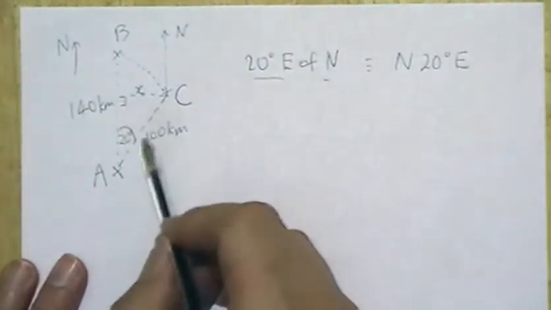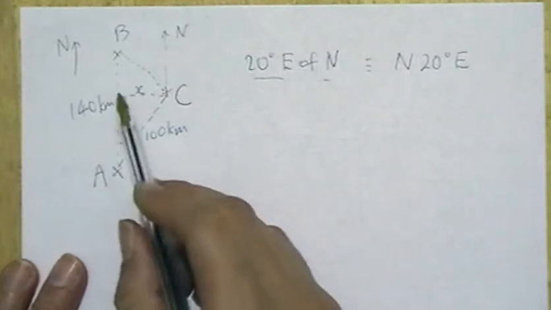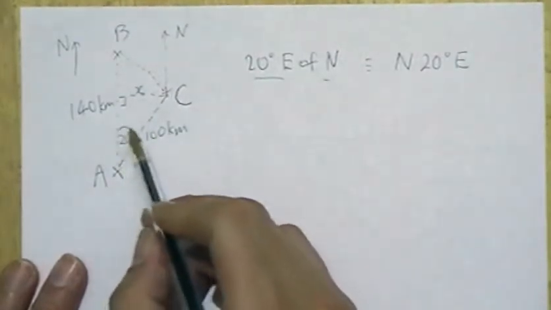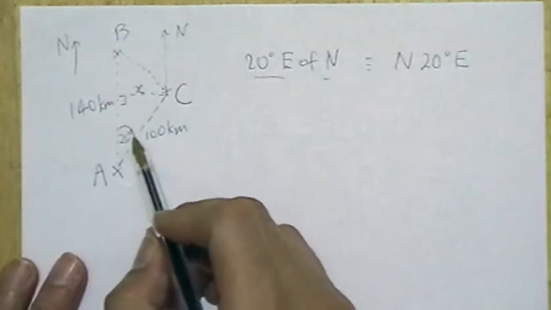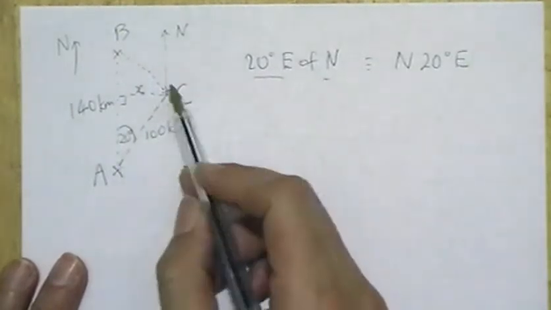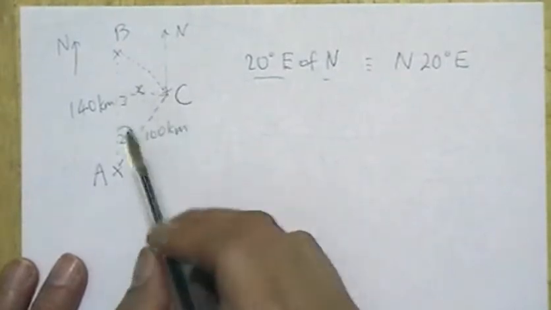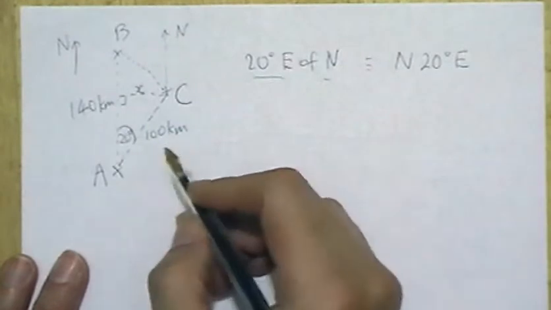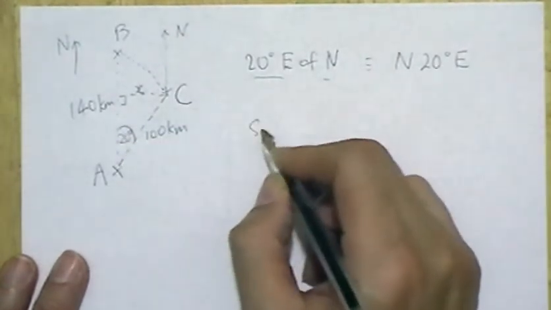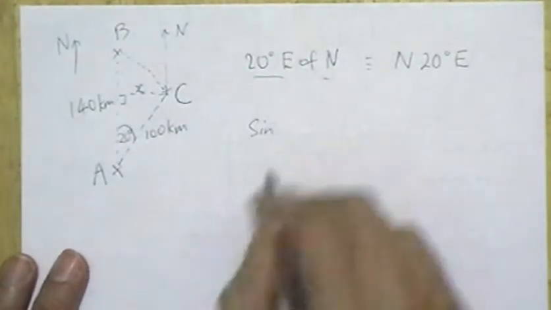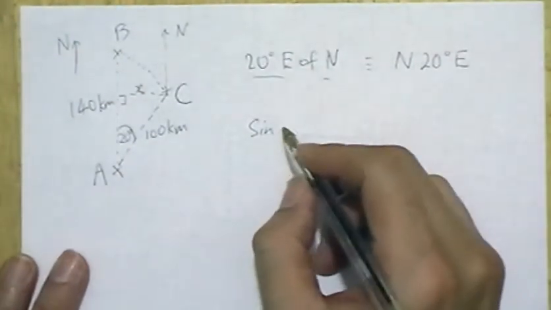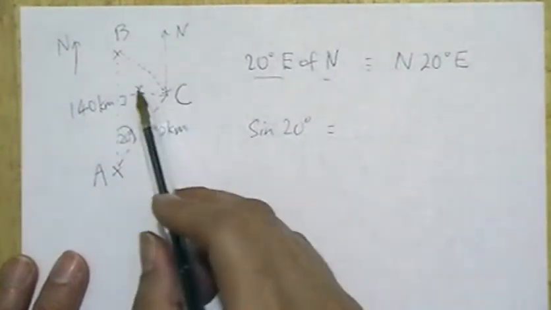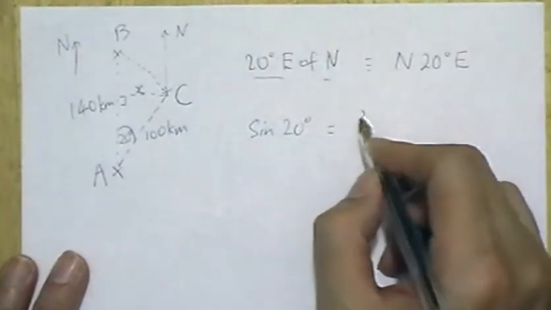We can look at this triangle. Now in this triangle, we have a right angle. We have this 20 degrees. Now that's the hypotenuse. So x then is the opposite to the angle. Therefore we can use the sine, and sine 20 degrees is opposite over hypotenuse.